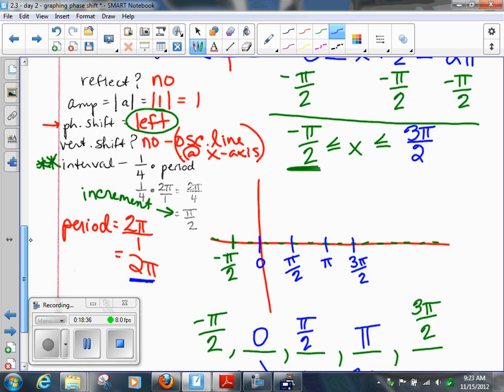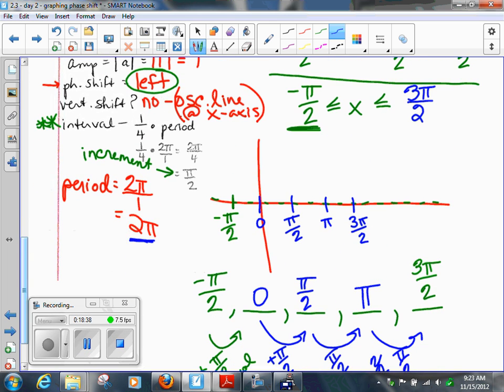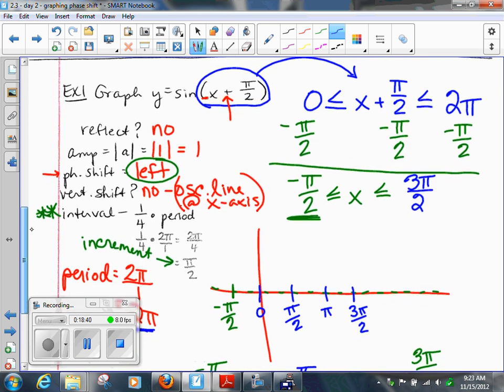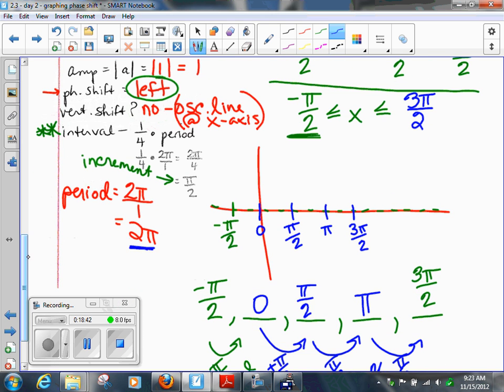Is there an amplitude? My amplitude is 1. I've got the sine curve, folks. Now be careful. Remember, the curve has been shifted to the left. So where does my sine curve start? At the negative pi over 2.